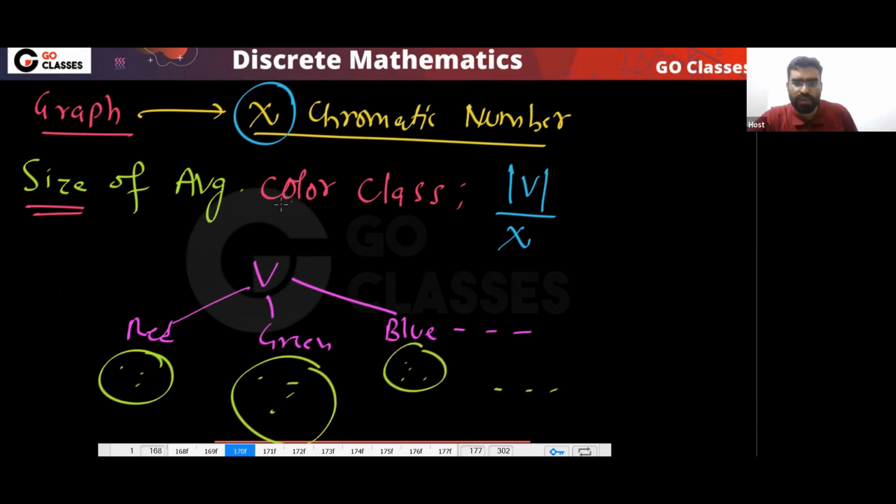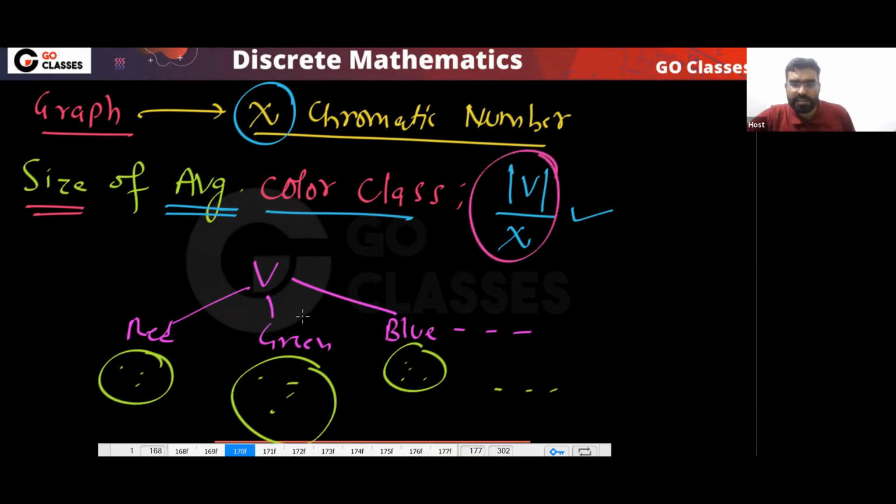So on average, what is the size of a color class? That will be this. Yes or no? On average. Okay, so can I say there is at least one color class with these many vertices?